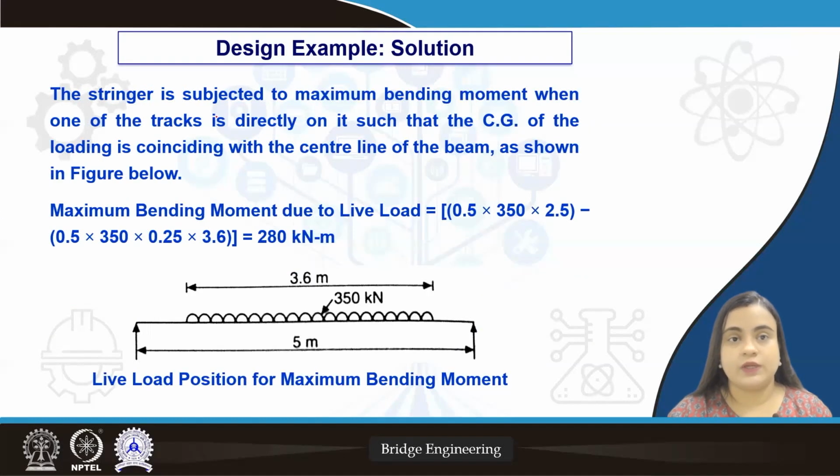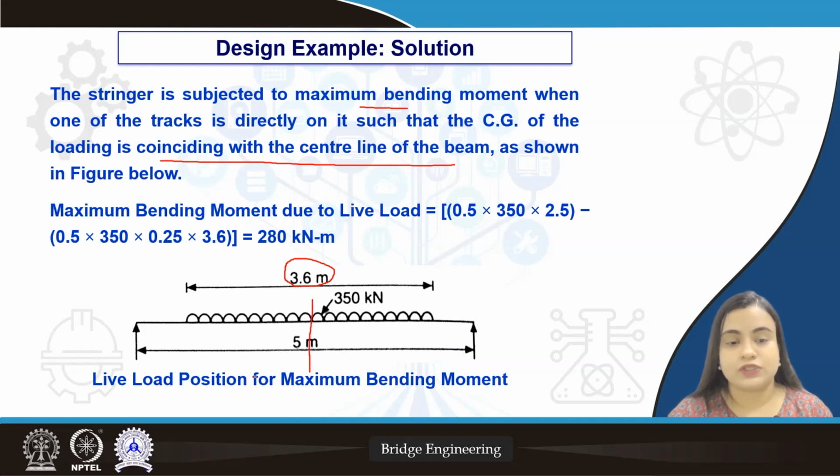Next, the stringer is subjected to maximum bending moment when one of the wheels is directly on it such that the CG of the loading is coinciding with the CG of the beam, as we can see in this diagram, where the loading having a wheel imprint dimension of 3.6 meter is placed such that the CG of the loading coincides with the CG of the beam.